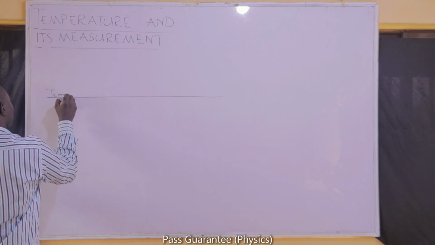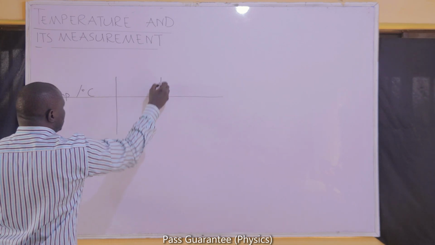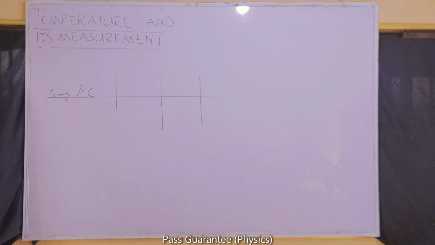We have temperature in degrees Celsius, divided into 3 columns for values. Then we have the length of the column.